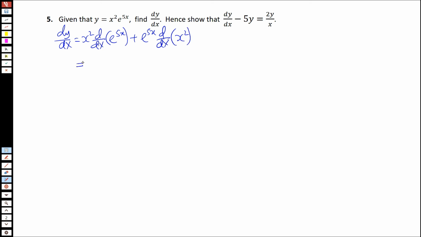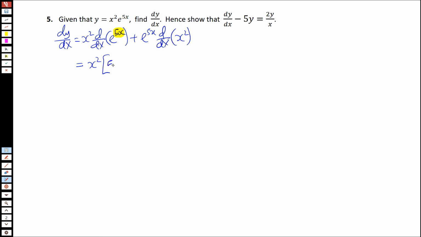So this will be equal to x squared multiplied by, now here you have to find the derivative of the inside part. So basically here I had 5x. So you start with the derivative of the inside part, which is just 5.